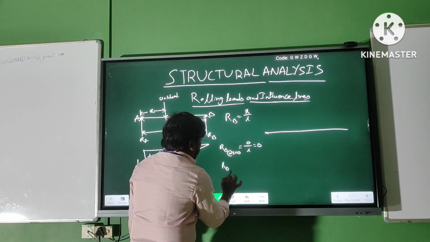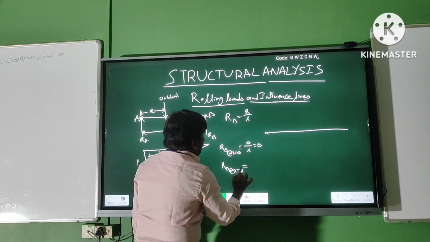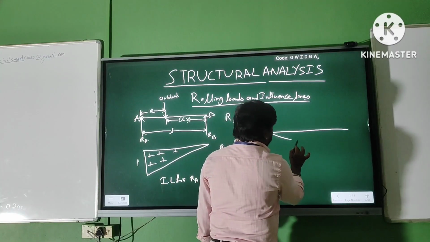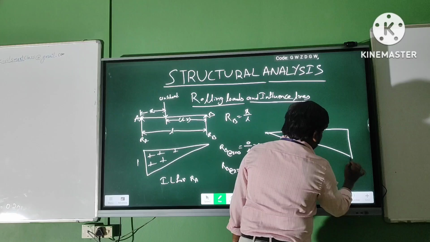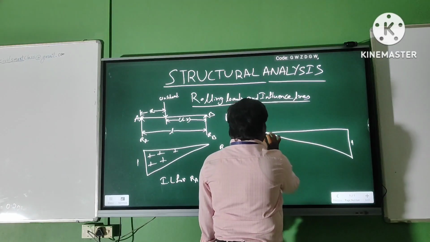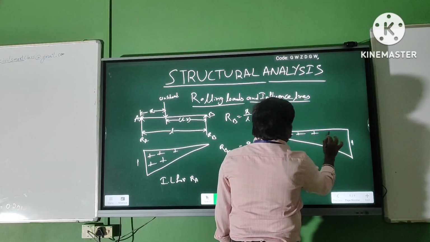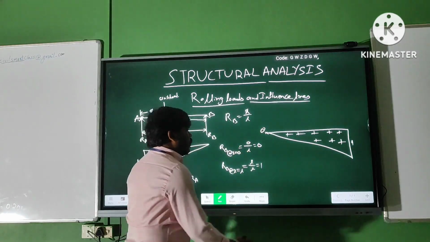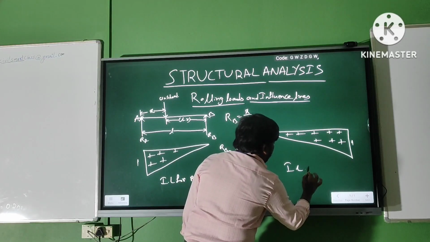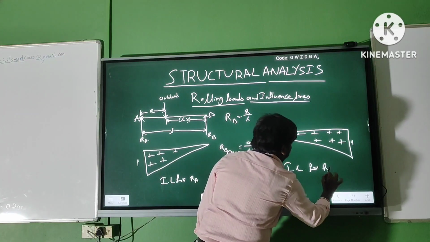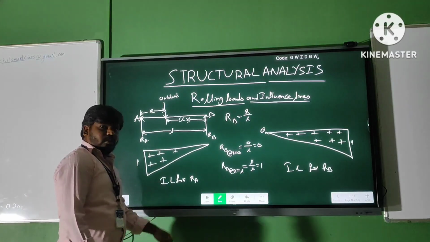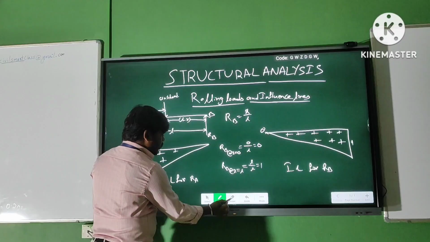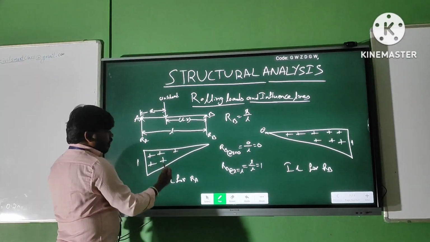And RB at X equals L is L by L, that is 1. So we can draw like this. This is 1 and this is 0. These are all positive regions. This is the influence line for RB. This is how we can draw influence lines for a simply supported beam carrying a concentrated load. Next we will see the influence line for an overhanging beam.